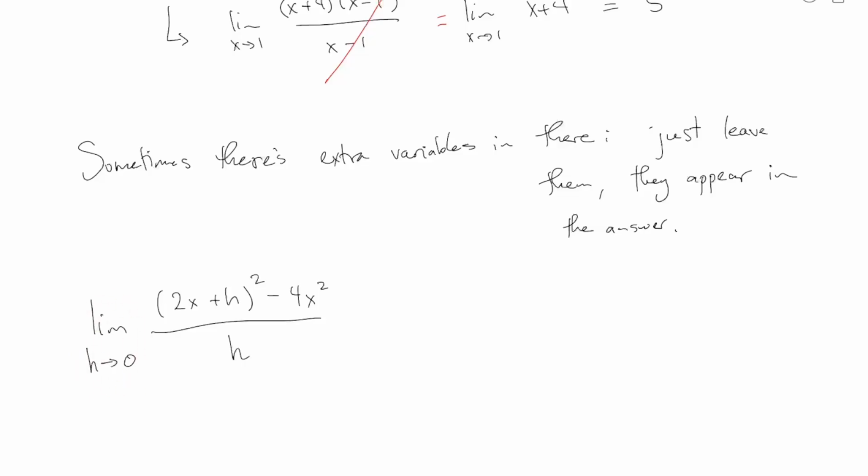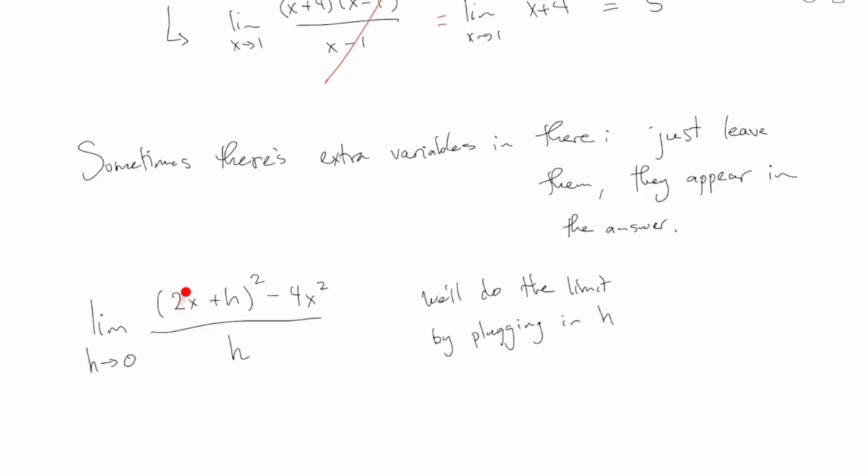So we'll do the limit by plugging in h, right? Because h is the one that's down here. The variable which we're doing the limit of is the h.